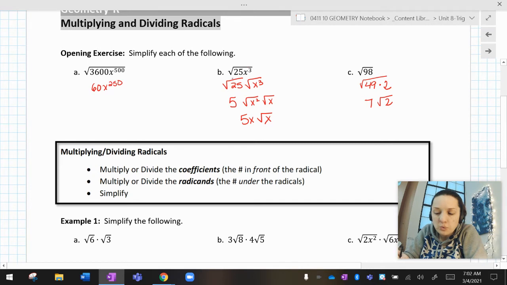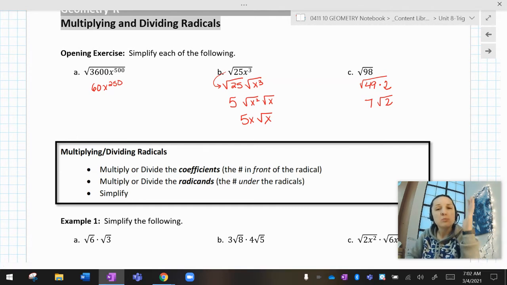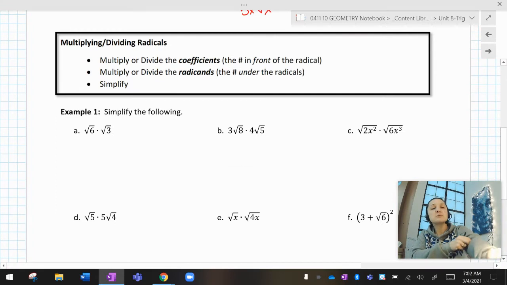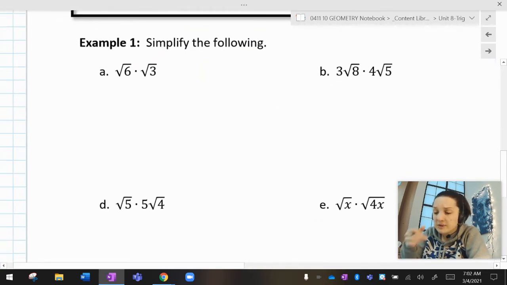When I turn this root 25x cubed into the square root of 25 times the square root of x cubed, I use the multiplication of radicals rule: if you multiply one square root by another square root, the square root stays and you multiply the insides, or you separate the inside. Same thing happens for division. If you have the square root of a quotient, you can square root the top and square root the bottom. That's really all it comes down to.